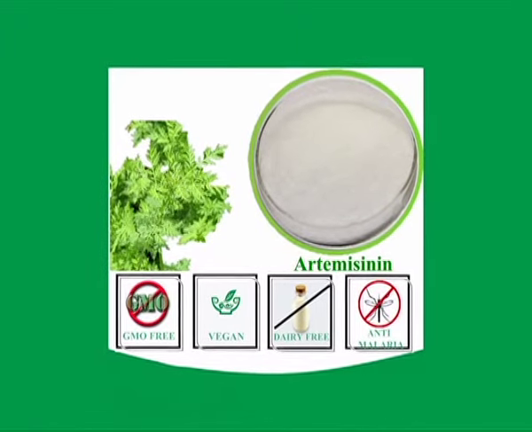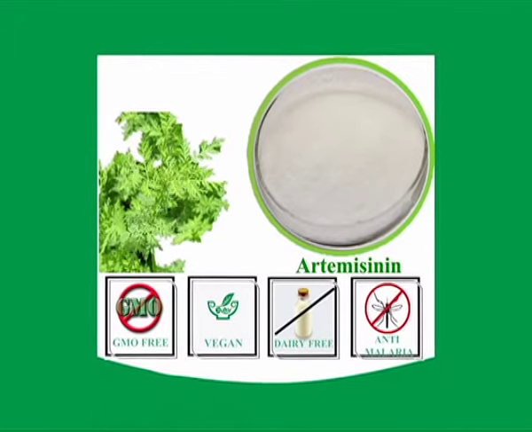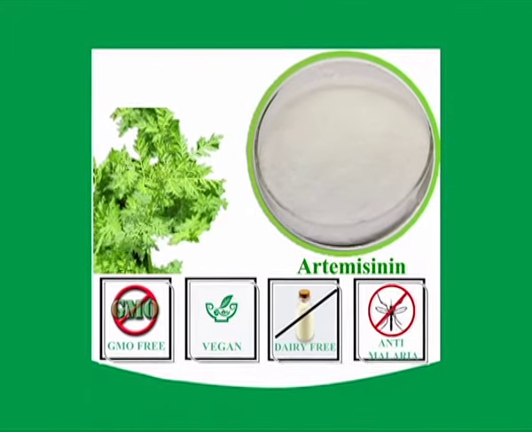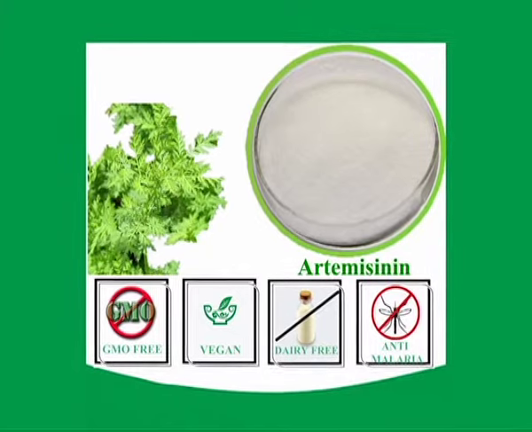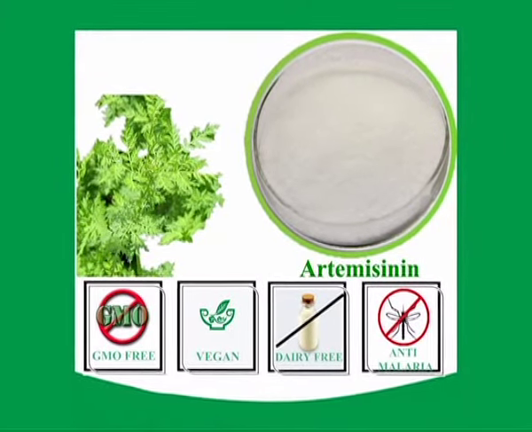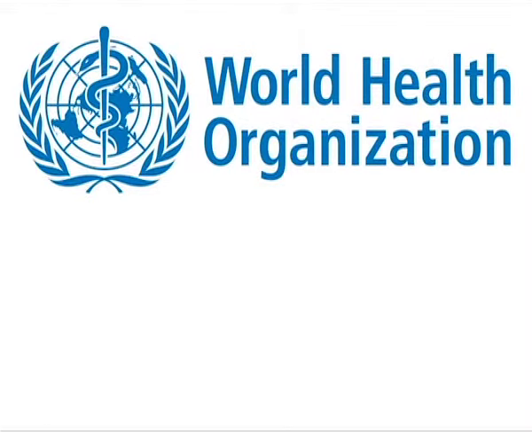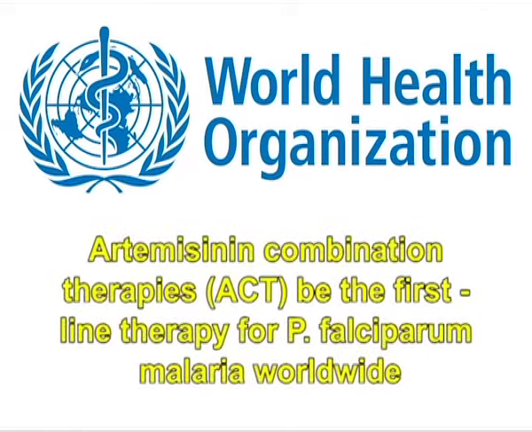Artemisinin can be used alone, but this leads to a high rate of recrudescence, that is return of parasites, and other drugs are required to clear the body of all parasites and prevent reoccurrence. The WHO has recommended artemisinin combination therapy, that is ACT, as the first line therapy for Plasmodium falciparum malaria worldwide.